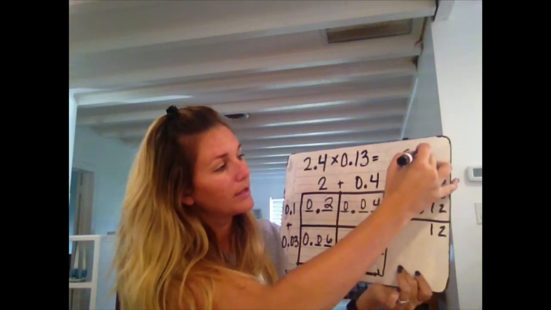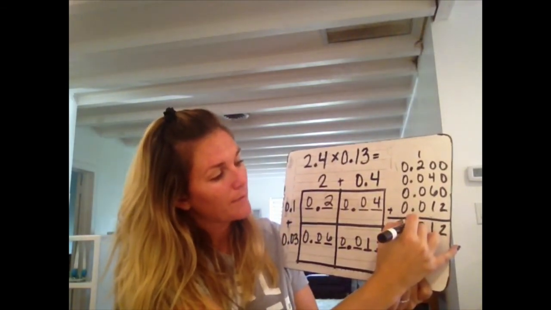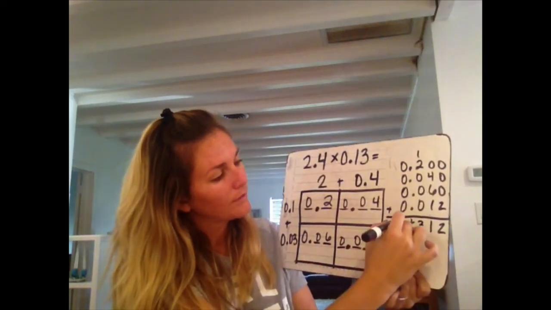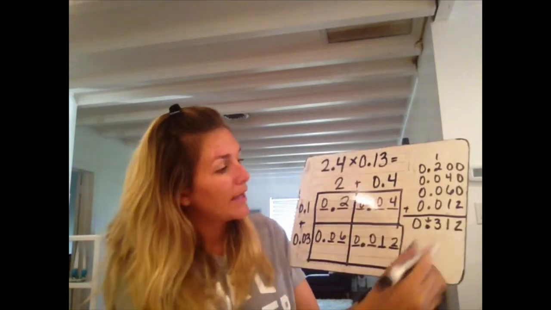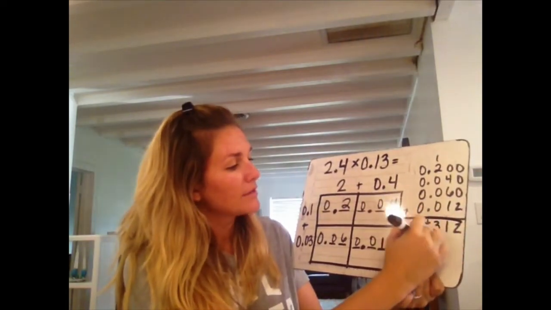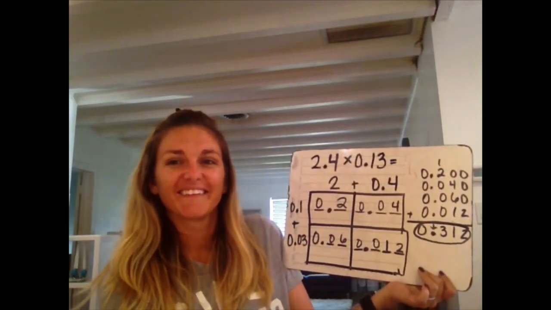So I drop my 1 and I carry my 1. And then 2 plus 1 is 3. Drop down that decimal. And then I have a 0. Okay? So my end answer that I'm going to have is 312 thousandths.